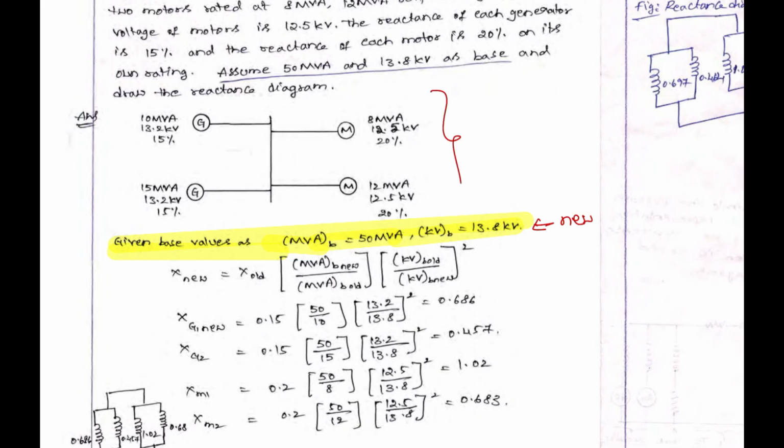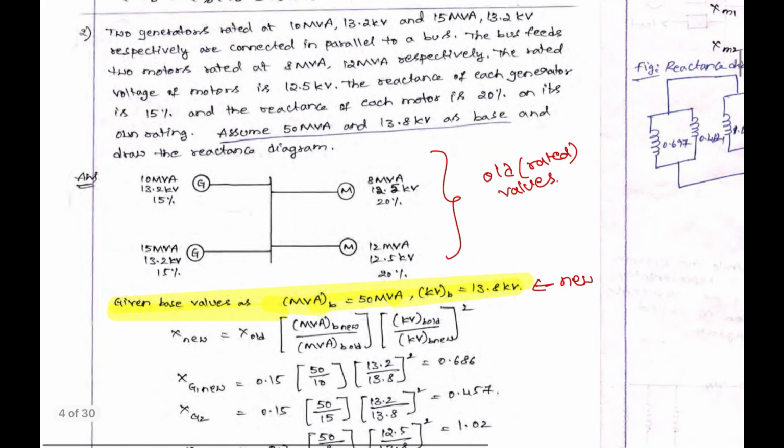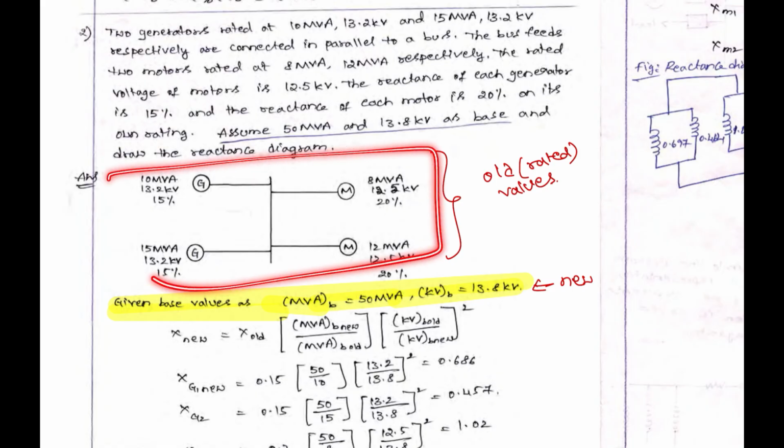In the diagram we have the old or rated values, and we are going to consider the new values, so that we will redraw this entire diagram based on these new values.